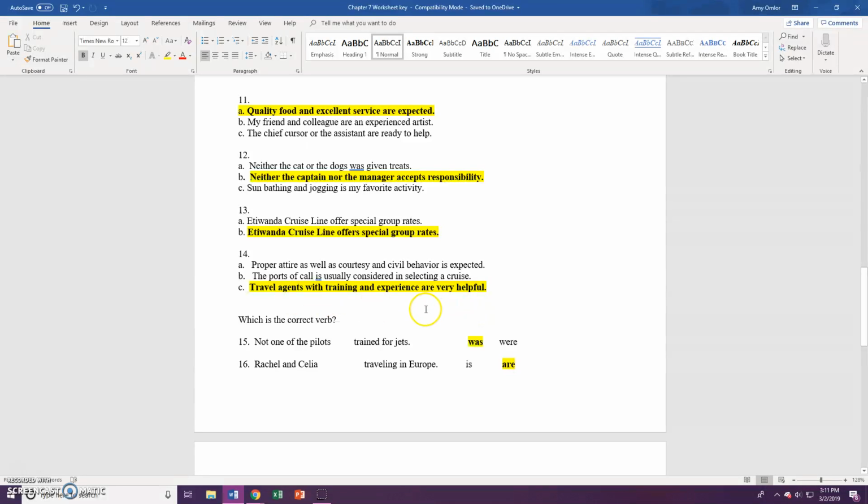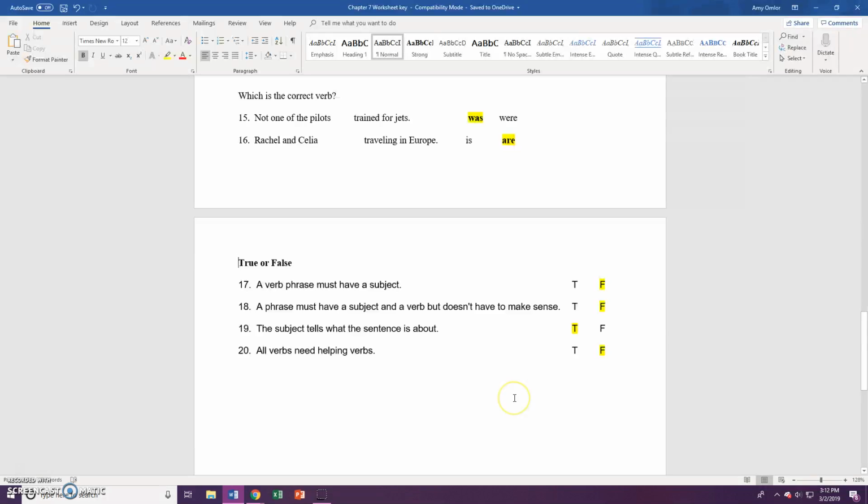Okay, not one of the pilots was trained for jets. We have one as a subject here, not pilots, because we're talking one was trained. Rachel and Cecilia are traveling in Europe. Okay, we have 2 subjects, therefore we need a plural verb.